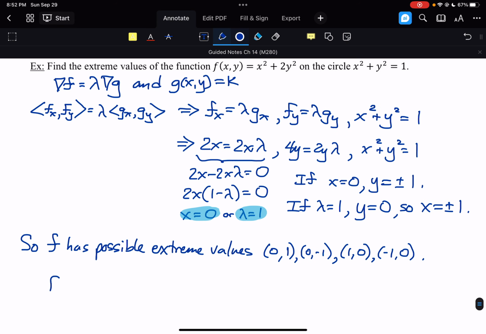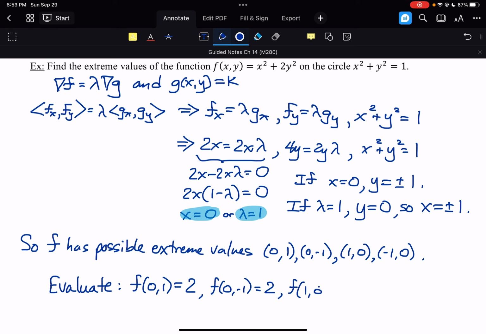Then if we evaluate, we get f of 0, 1, that's 2. F of 0, -1 is 2 also. F of 1, 0 is 1.